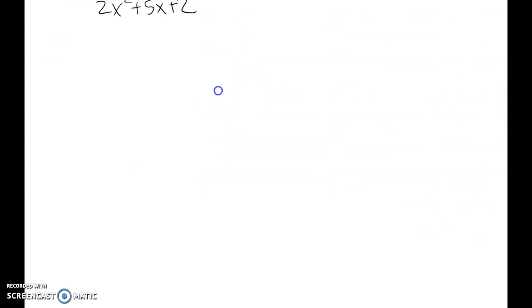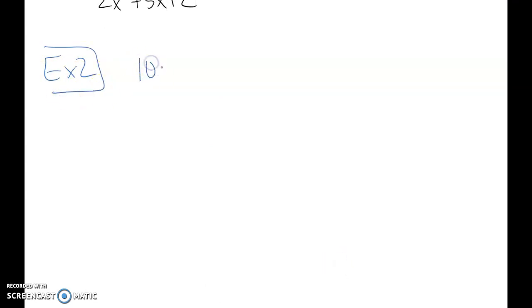So another example of this would be example 2. So I have 10x squared minus 32x plus 24. So step 1 was to look for the GCF.